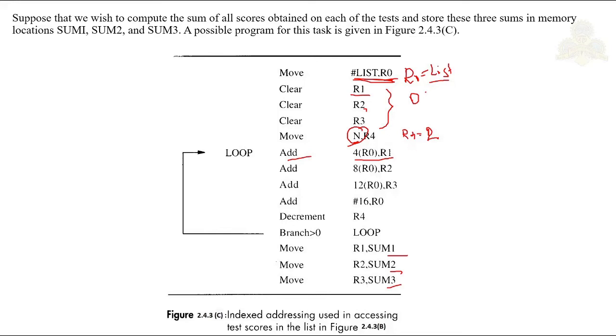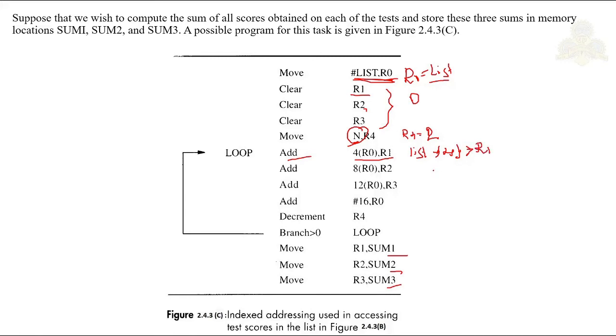So here the effective address is list plus 4. This is your new memory location. Take the content from that and add it to R1. So first it goes to the list plus 4 location and then its content is added to R1.